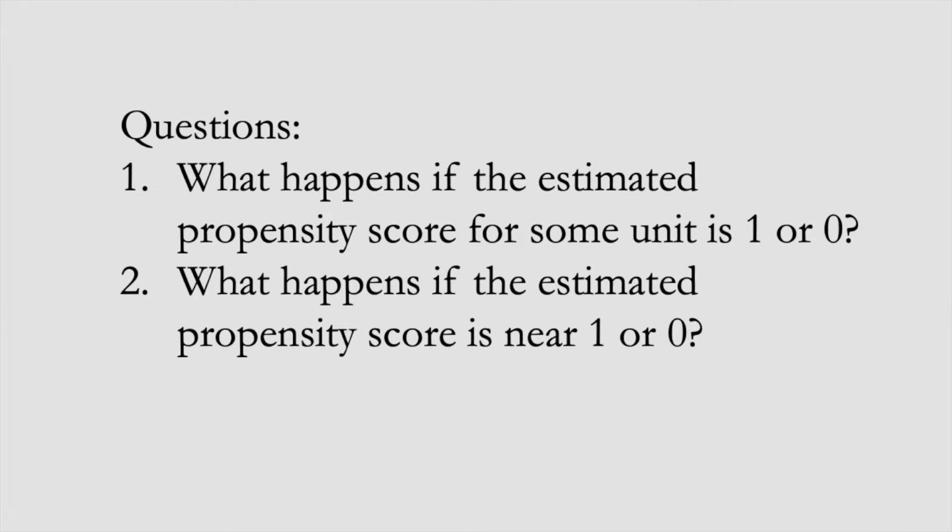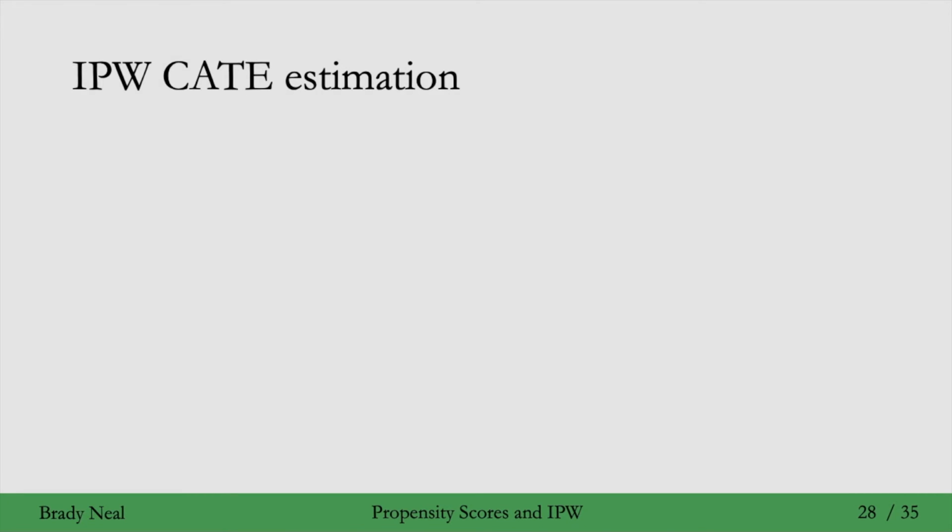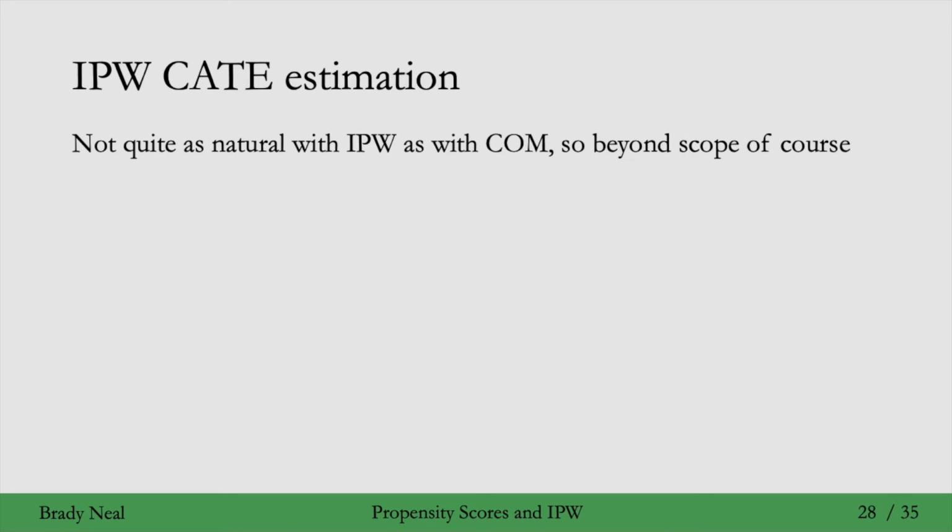So we just saw IPW estimation of the average treatment effect, the ATE, but what about IPW estimation of the conditional average treatment effect? CATE estimation is not quite as natural with IPW as with COM, so it's beyond the scope of the course.